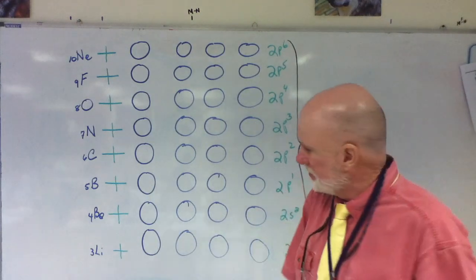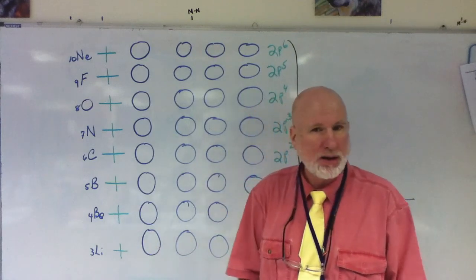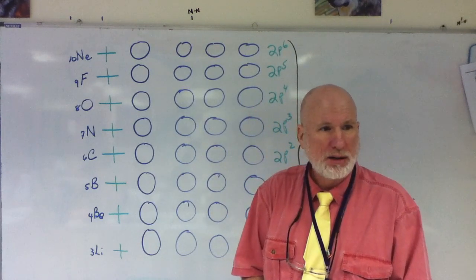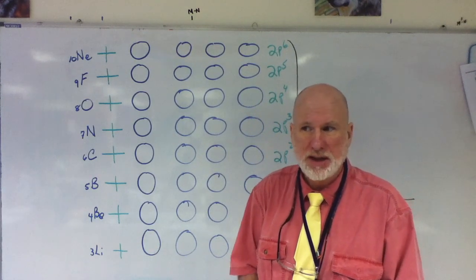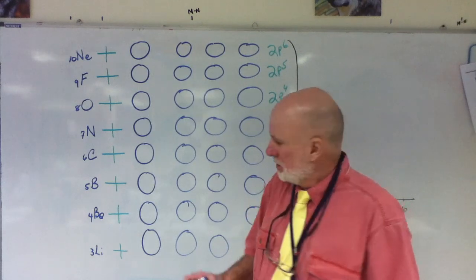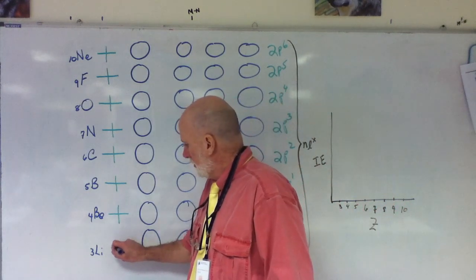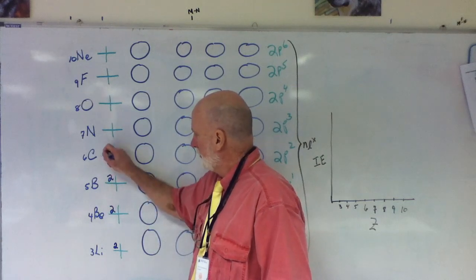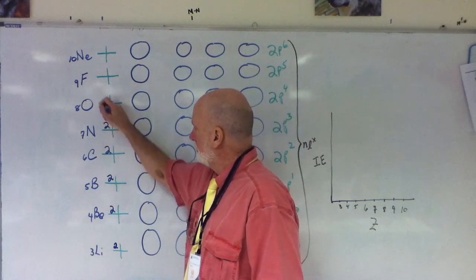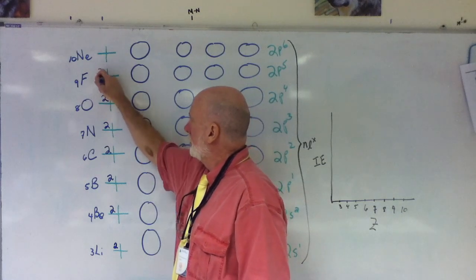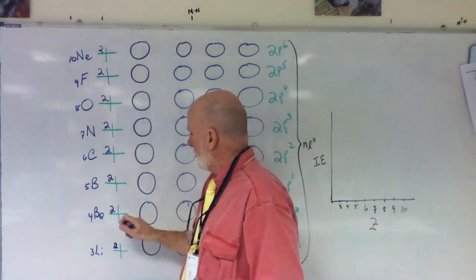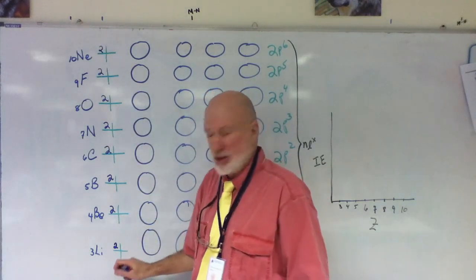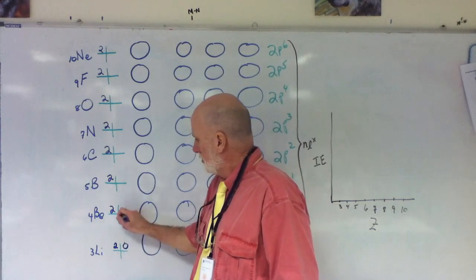What are the quantum numbers for lithium? Just very quickly. They're all going to be 2, right? That's n. For l, for s, it's going to be 0.